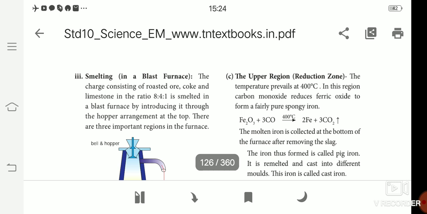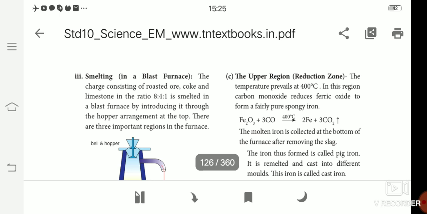Then the next reaction: limestone, calcium carbonate CaCO3, decomposes on heating to calcium oxide, and carbon dioxide is formed.